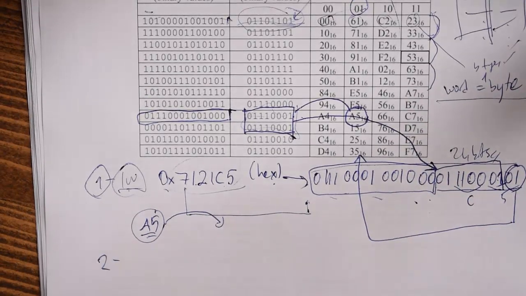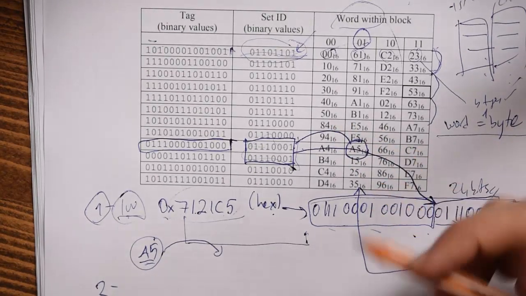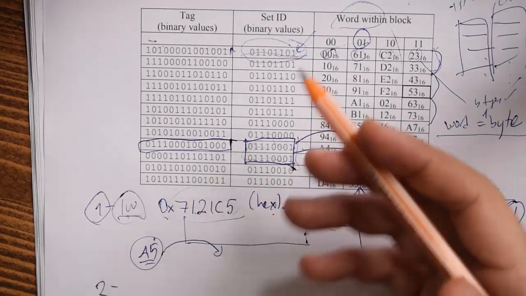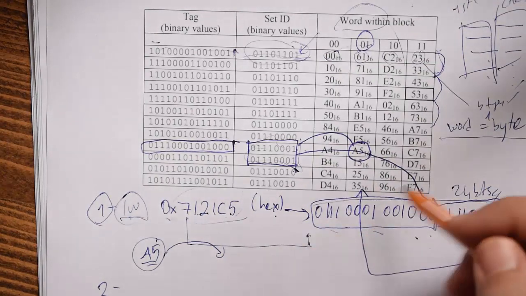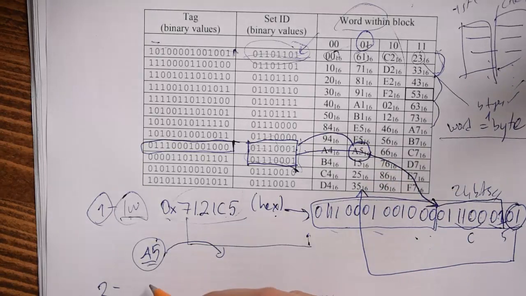The second question is simply asking how many lines there are in this cache. It's pretty simple because this is a two-way set associative cache. So there are two ways, and each set has 256 lines. Why?